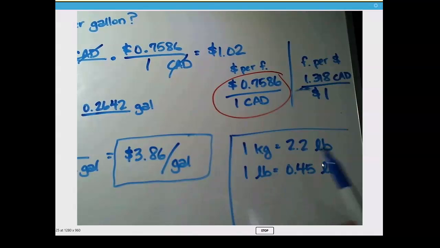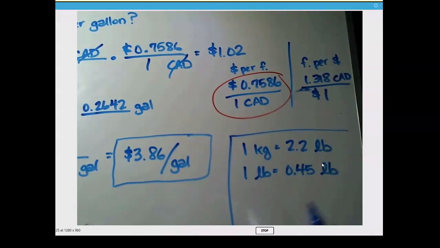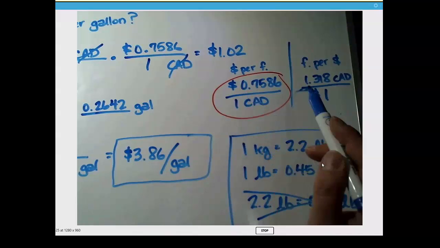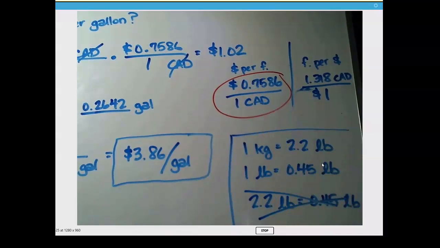They both will change your kilograms to pounds, for example. You wouldn't do this. It's the same thing. You wouldn't set these equal to each other. They're two different conversions that you can use.